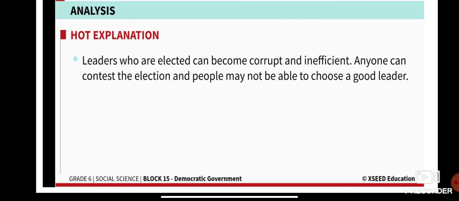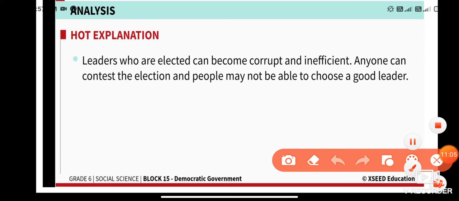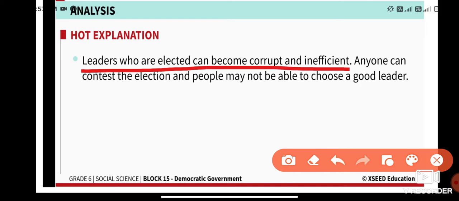There is always a demerit in every form of government. In a democracy, usually leaders who are elected can become corrupt and inefficient. Take the example of a state.